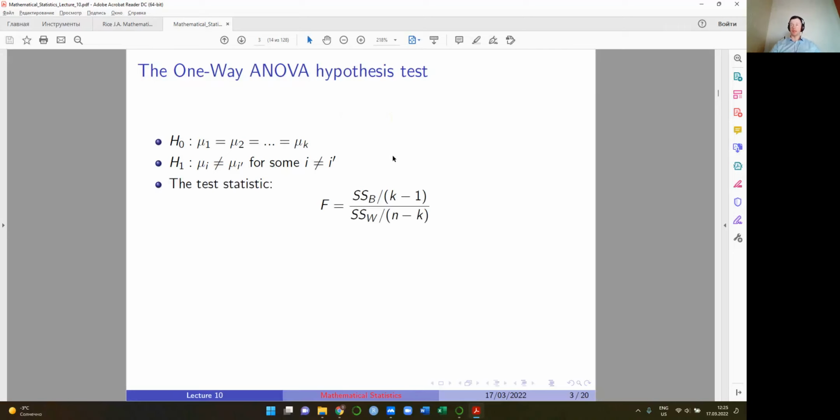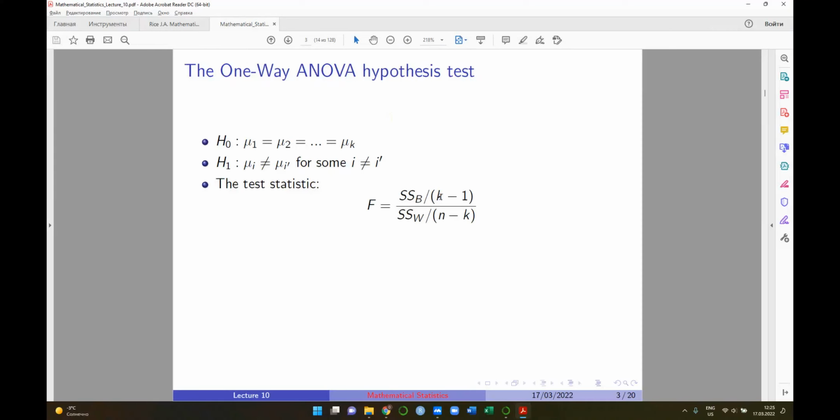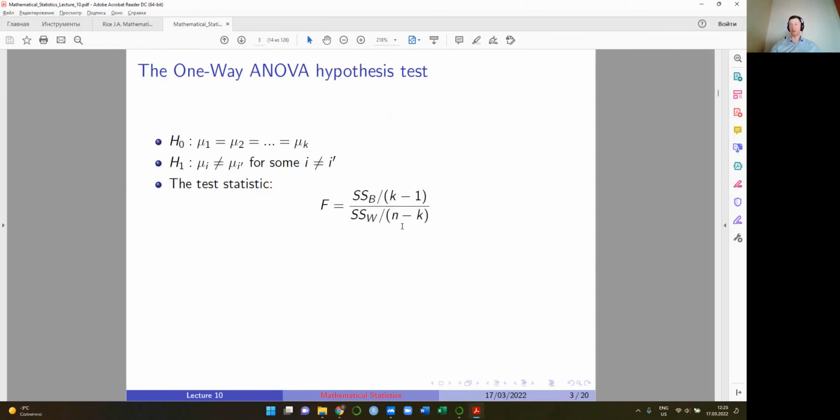We use this type of test statistic. K is the number of groups, and n is the overall number of observations for all groups. And we are familiar with the F statistic. We used the F statistic in a previous topic when we compared two different population variances. So we just take a critical value of the F statistic, but we want to be sure that SS between is greater than SSW.